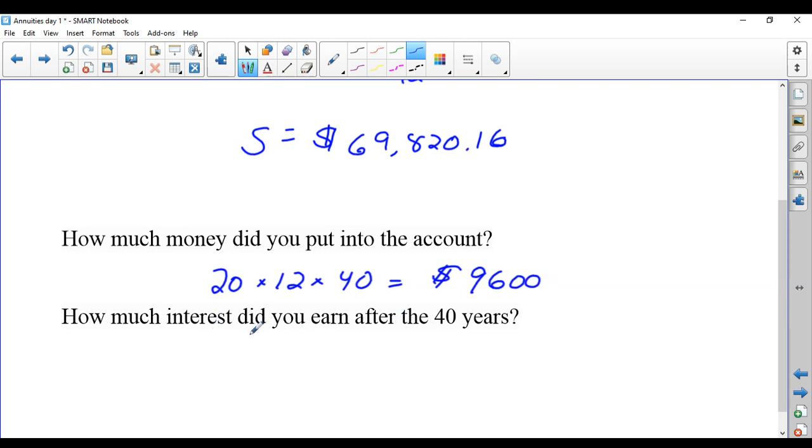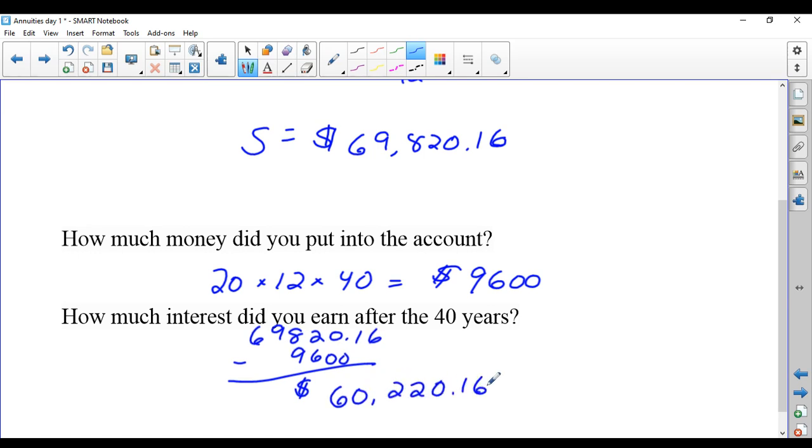How much interest did we earn? Take the 69,820.16 and subtract the 9,600. You earned $60,220.16 in interest. By putting in twice as much each month, we've earned twice as much in interest.